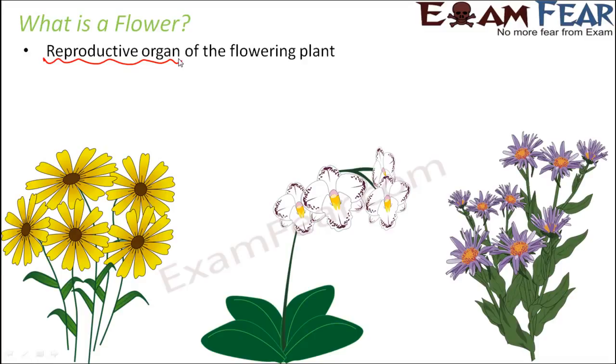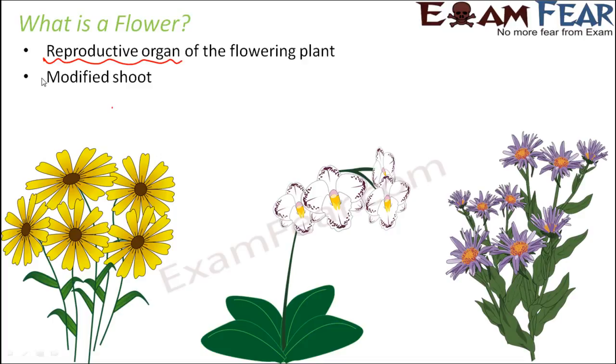Now how will that reproduction happen? With the help of some reproductive organs present in the plant. So flower is that reproductive organ which helps in producing similar plants over and over again. Flower is nothing but a modified shoot.